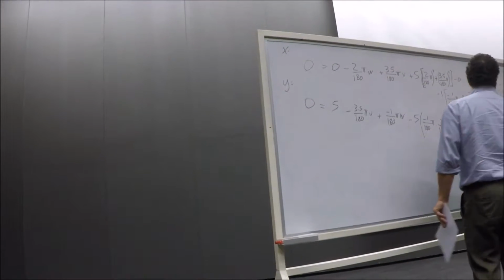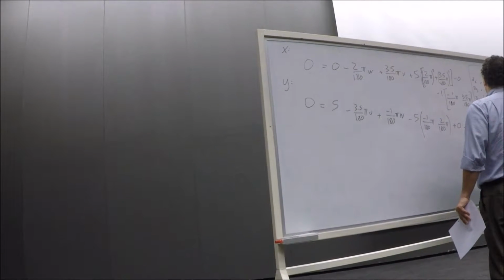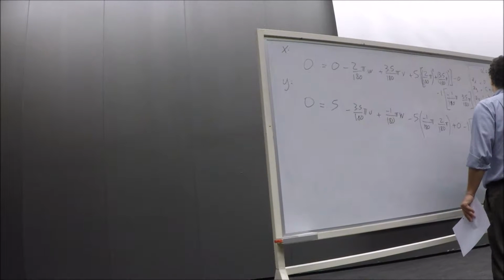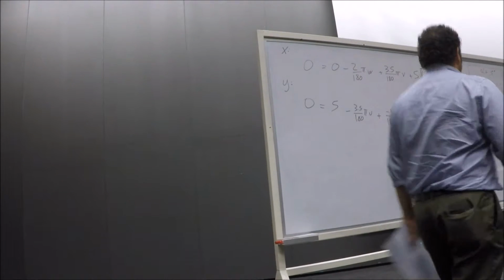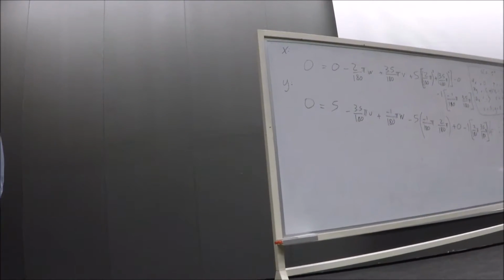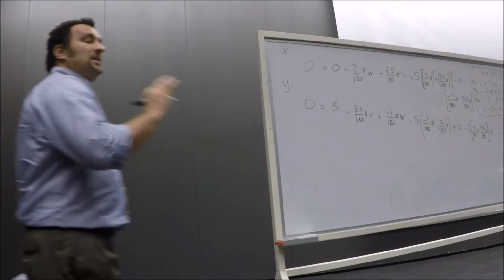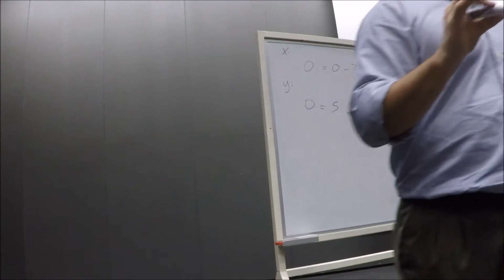Z is equal to 1. Q is 2 over 180 times pi, and r is 3.5 over 180 times pi. So this is the second equation for y. Again, I simply took the numbers in the question and plugged them into the kinematic equation.